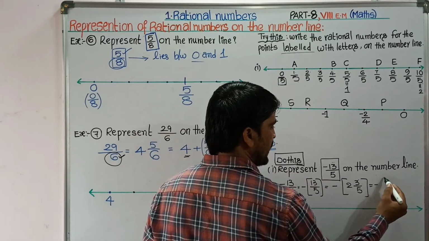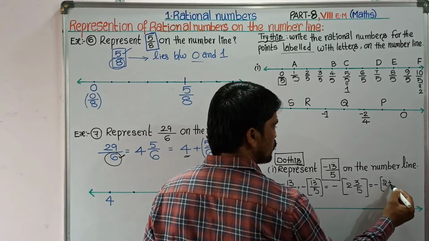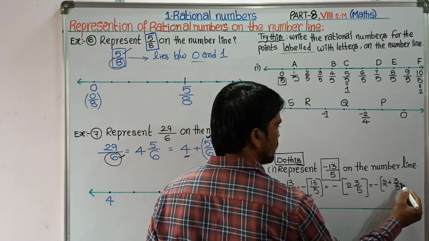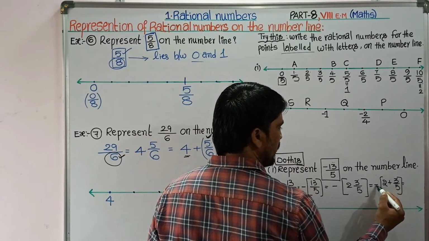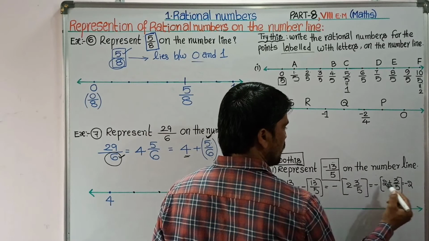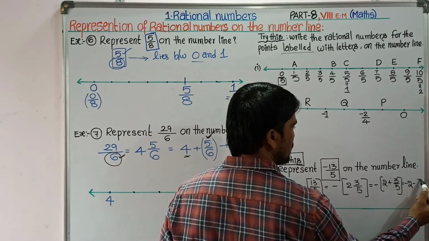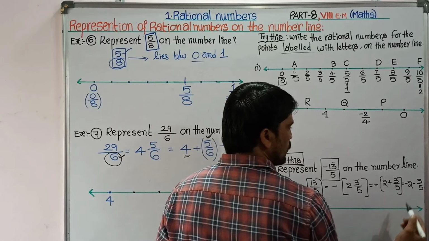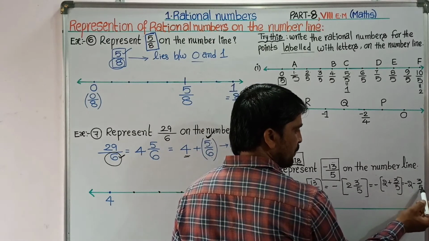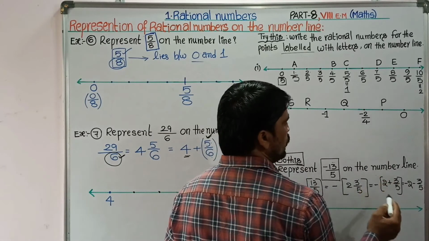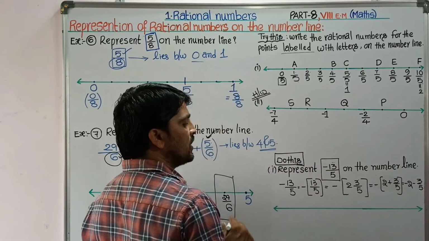So this can be written as minus of 2 plus 3 by 5, which equals minus 2 minus 3 by 5. So we are subtracting 3 by 5 from minus 2, so its value is less than minus 2.